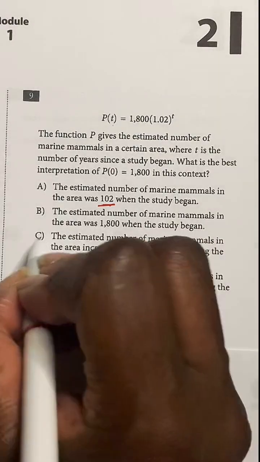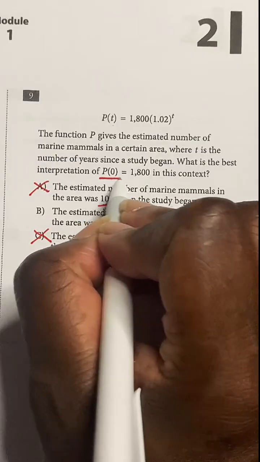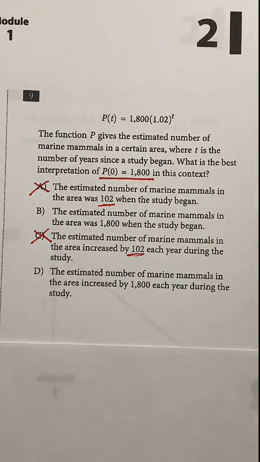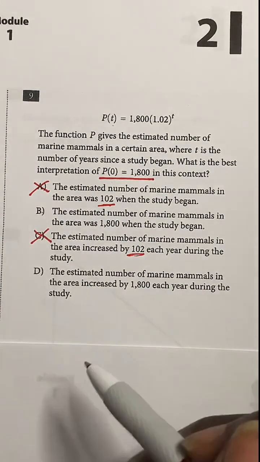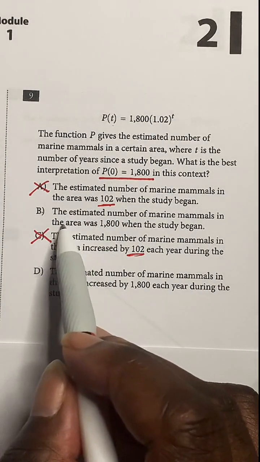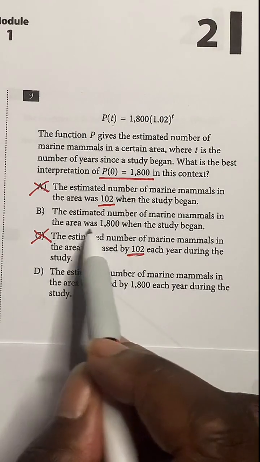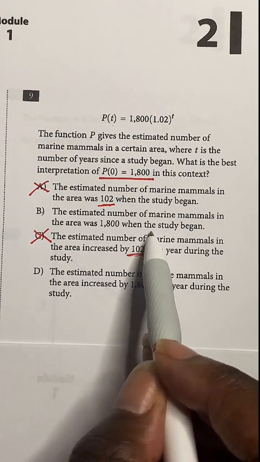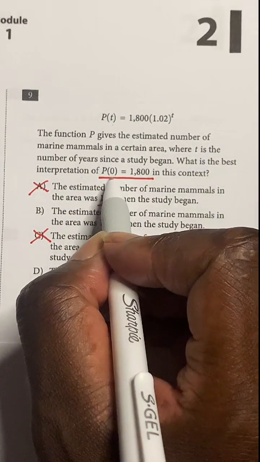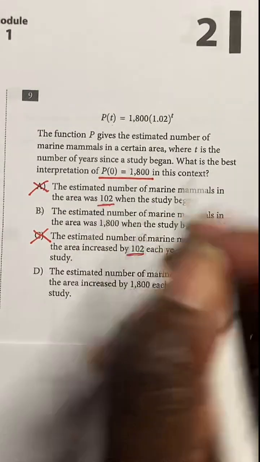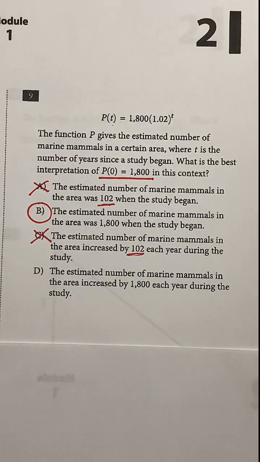So anything that says 1.02, boom, eliminate it. Because all we're talking about is the 0 and the 1800. So then your answer choice is either B or D. B is saying that the estimated number of marine mammals in the area was 1800 when the study began. And that's what we're looking at. We're looking at when it all started in the very beginning. So your answer is going to be B.